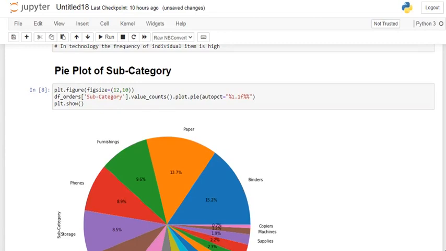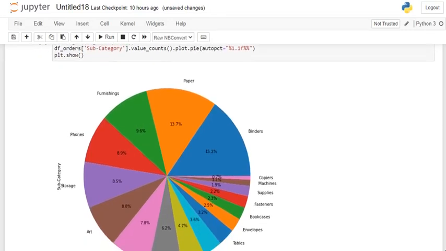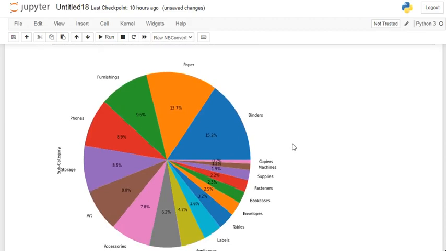Next, move on to the pie plot of subcategory. This pie plot is going to give information about the percentage of items in each subcategory. Let us see which item in the subcategory occupies a good percentage.